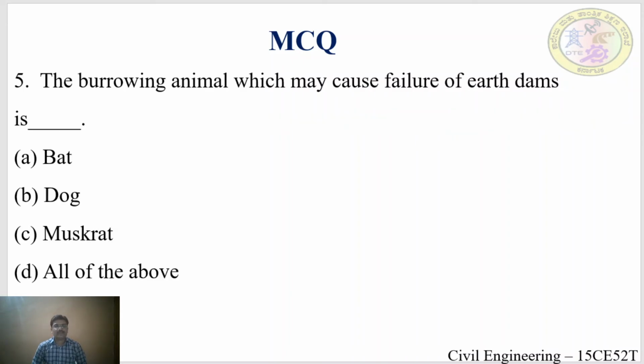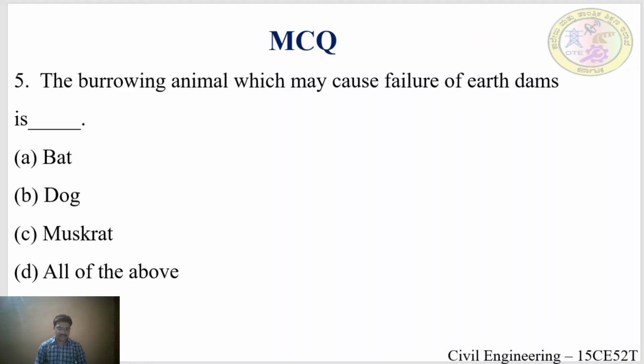Fifth one. The burrowing animal which may cause failure of an earth dam is: bat, dog, muskrat, all of the above. Given are the animals which may cause failure to the earth dam by burrowing. In that, muskrat is the animal which causes failure to the earth dam.